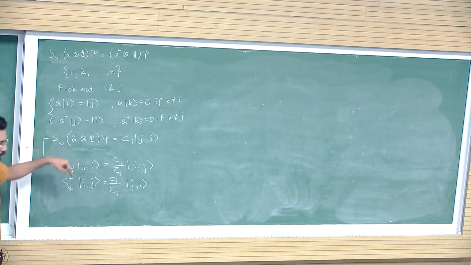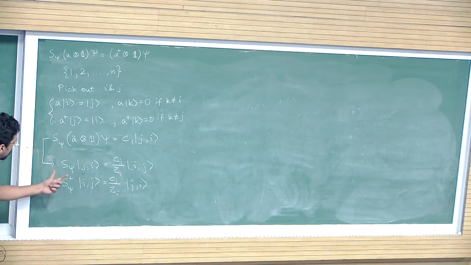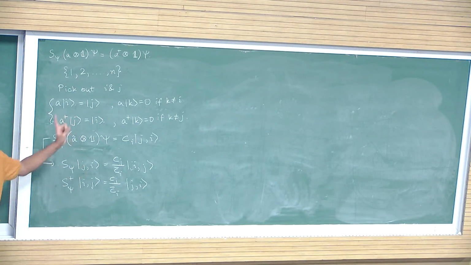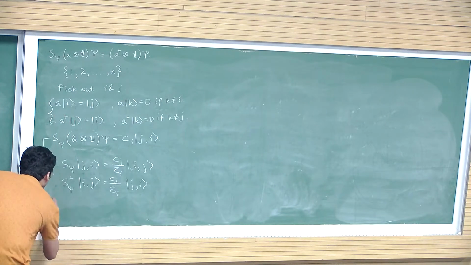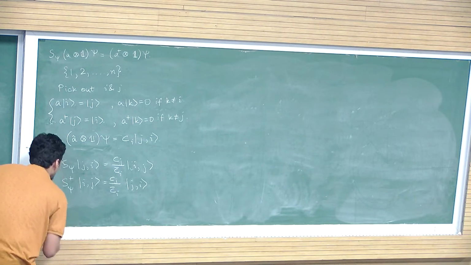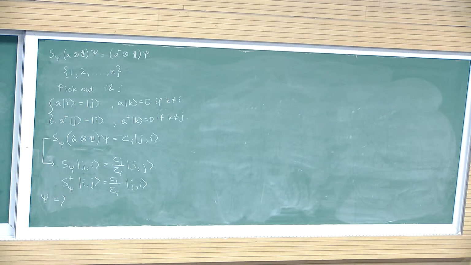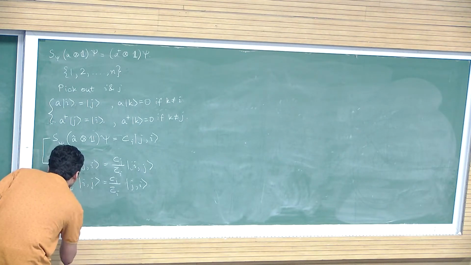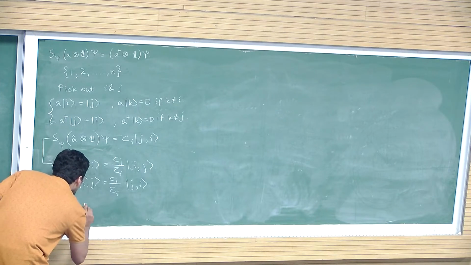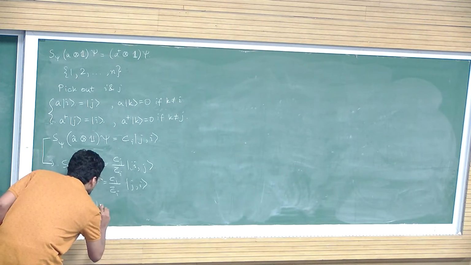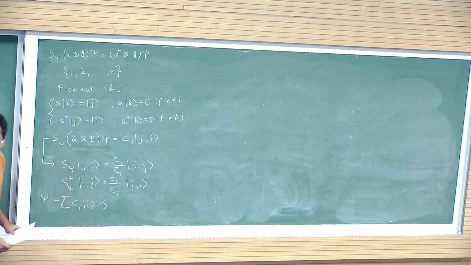How was psi defined? Sorry? What was psi in terms of I and j? The state that I wrote. Psi is the sum over Ck of k comma k prime.